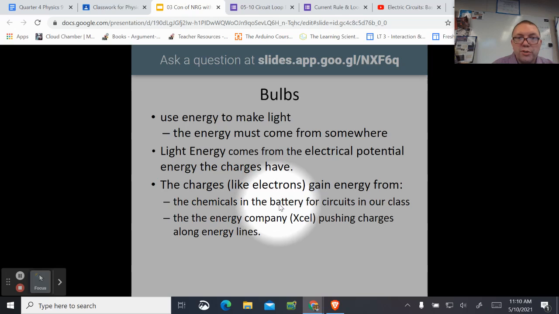So the chemicals in the battery give the charges energy. Those charges can then create light energy on your screen. And sometimes, if that thing runs for a while, you'll notice that it makes light energy and some thermal energy.